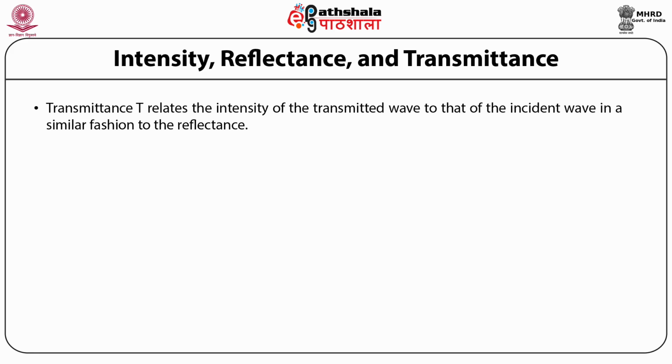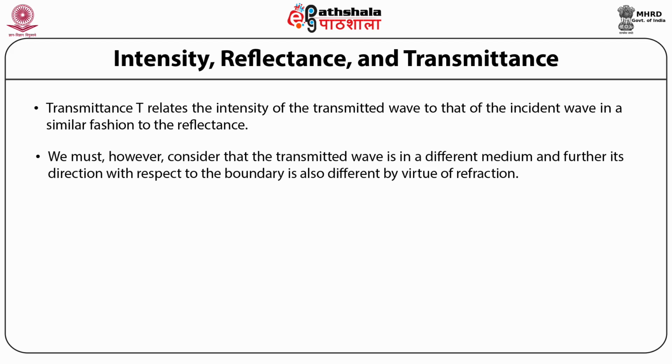Transmittance T relates the intensity of the transmitted wave to that of the incident wave in a similar fashion to the reflectance. We must, however, consider that the transmitted wave is in a different medium, and further, its direction with respect to the boundary is also different by virtue of refraction.